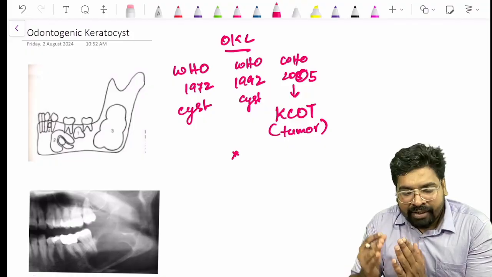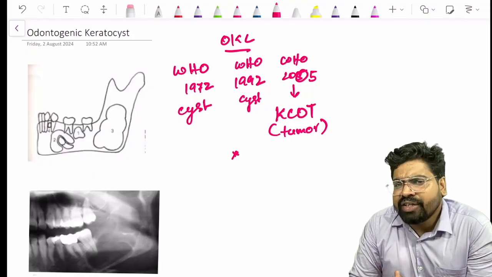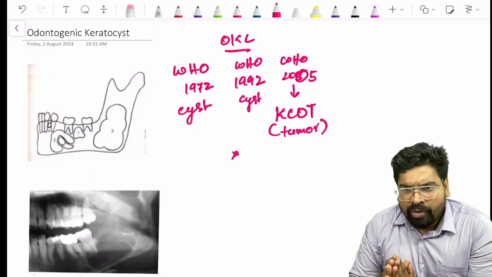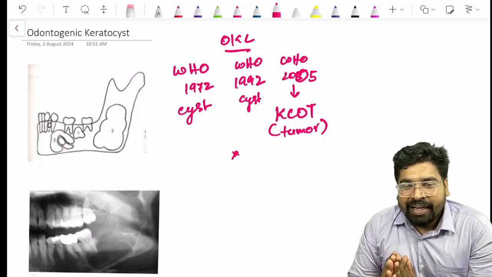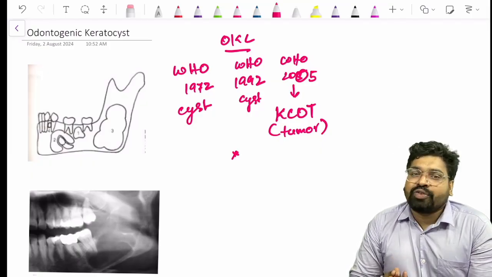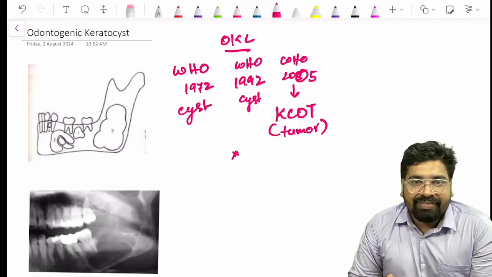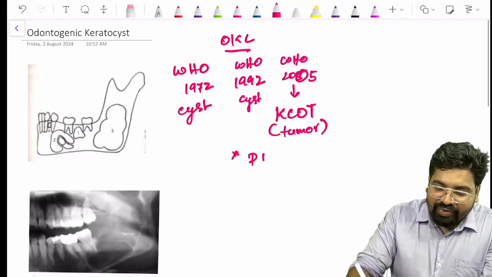So in 2005 they found a gene mutation seen in relation to OKC. You know the name of the gene, because in the video on syndromes we discussed a syndrome associated with OKC, basal cell nevus syndrome, and the gene mutation in that, PTCH1.